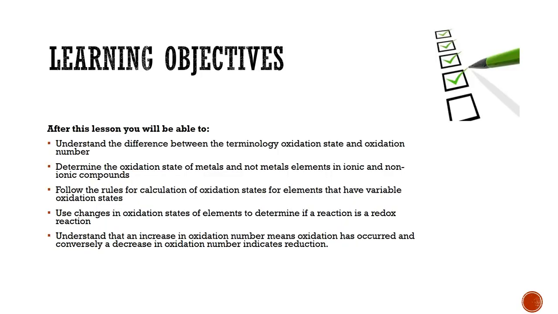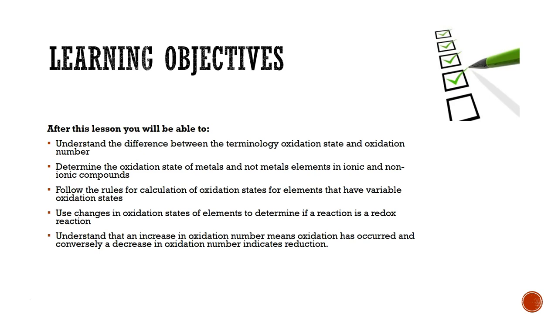So in this video, we're going to look at understanding the difference between oxidation state and oxidation number in terms of terminology. We're going to look at the oxidation state of metals and non-metal elements in ionic and non-ionic compounds and how we work those out. Follow the rules that we're going to establish for calculating oxidation states for elements that have variable oxidation states.